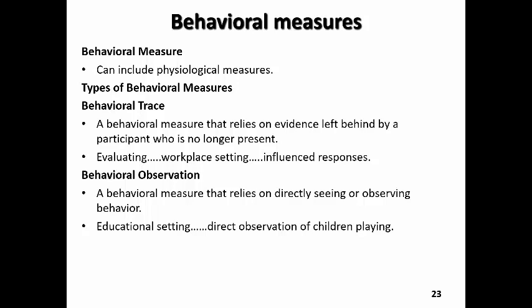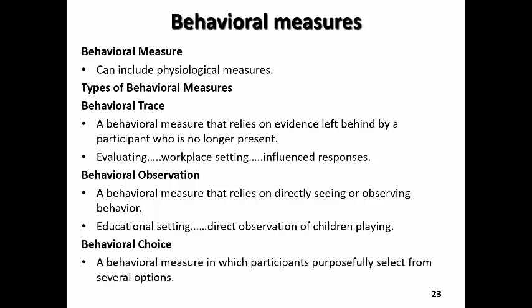So, with the example of an educational setting, researchers might sit off to the side and directly observe children playing and noting particular patterns that may emerge. And so in this particular example with behavioral observation, the researchers are not interjecting themselves into the situation that they are observing. They're just making simple observations.